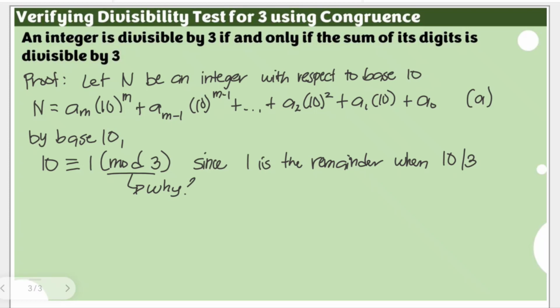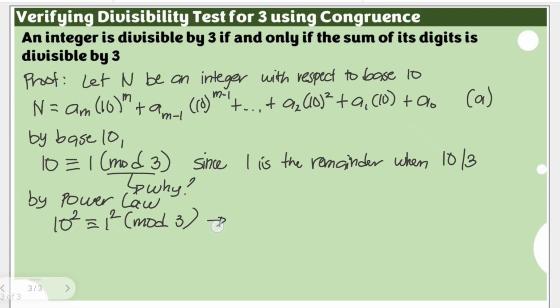With this, we'll be using this congruence, as we also use some concepts of the power law of congruence. If we have 10 congruent to 1 modulo 3, and we square 10, it's just the same as squaring 1 here as well, modulo 3.